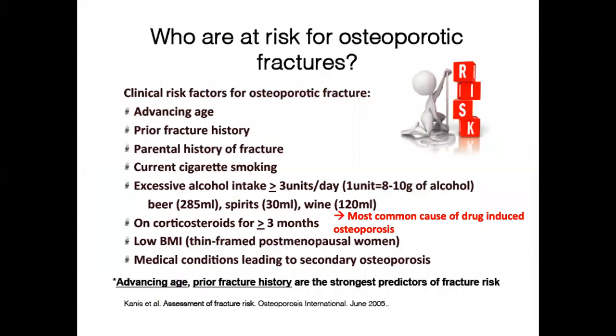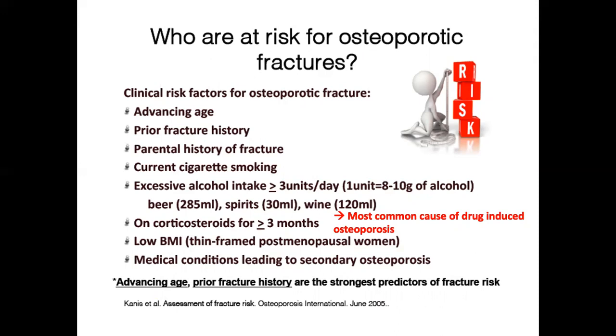So who is at risk for osteoporotic fractures? These are the clinical risk factors: age, previous fracture history. The motto of your FLS, or fracture liaison service, is that the first fracture should always be the last. If the patient has an osteoporotic fracture and develops another fracture, that's almost a cardinal sin.